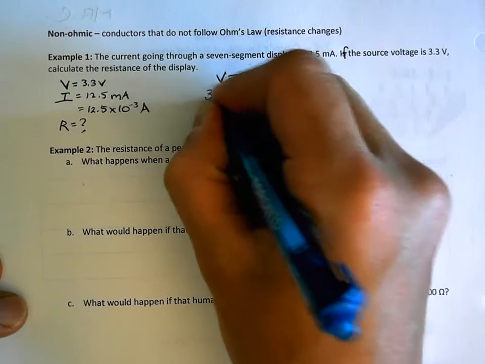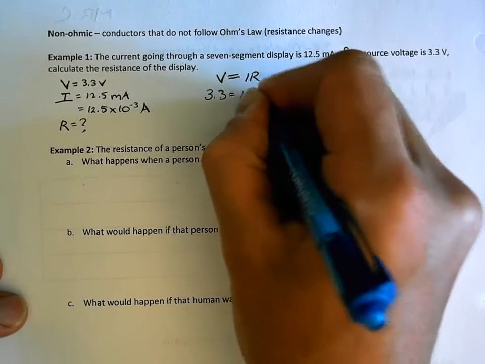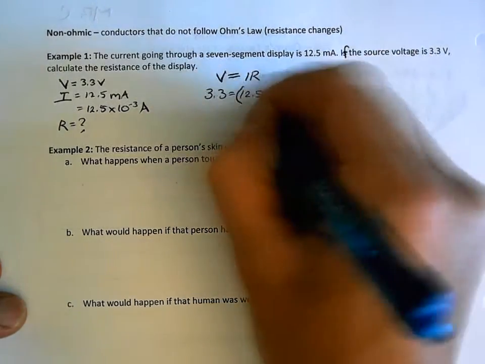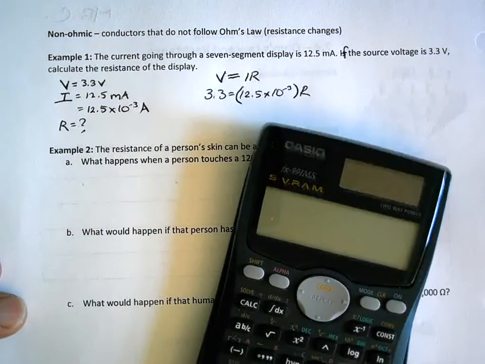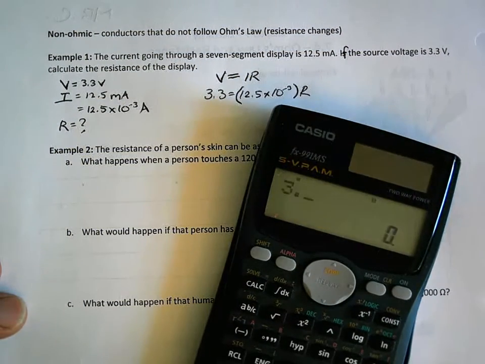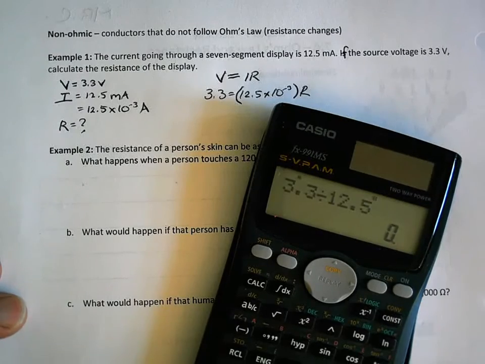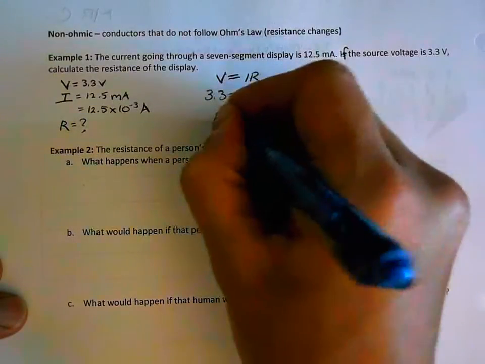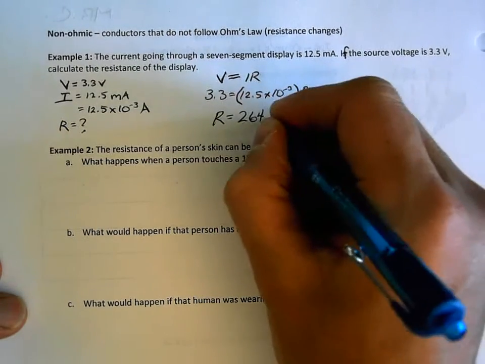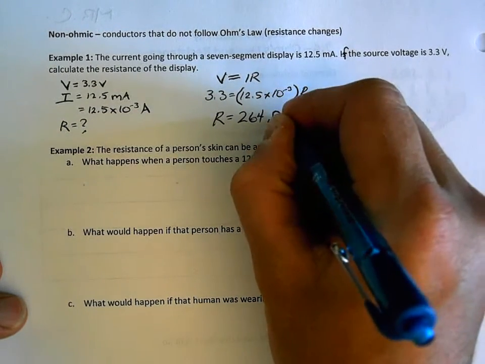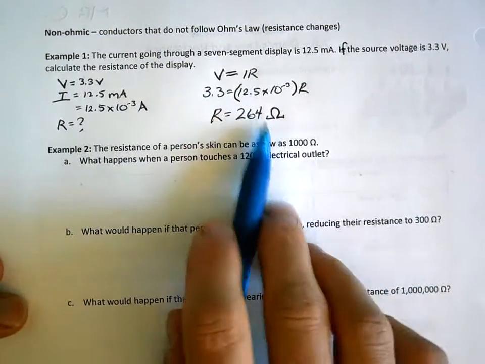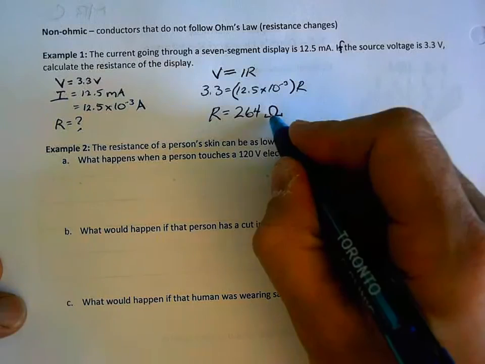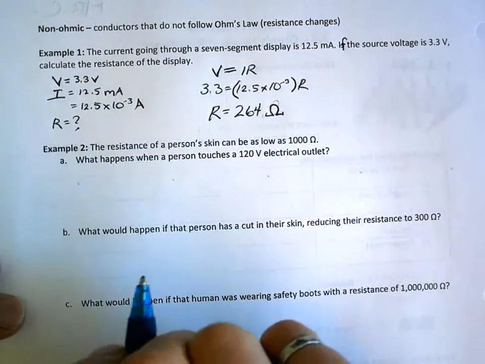Sub in my numbers: 3.3 is equal to 12.5 times 10 to the negative 3 times R. Divide both sides by 12.5 times 10 to the negative 3, and I get R is equal to 264, and the unit for resistance is ohms. It's that neat symbol, omega, from the Greek alphabet, drawn like a little O with little hooks on either side.